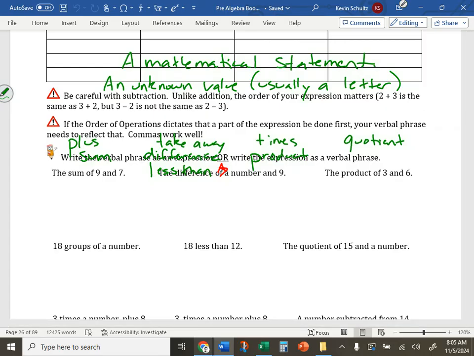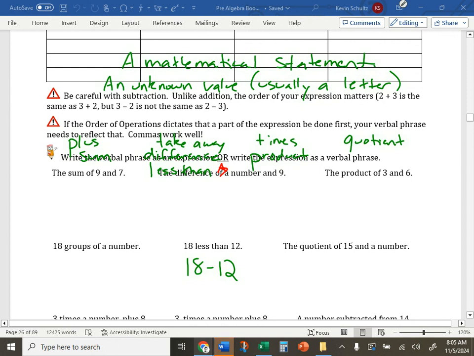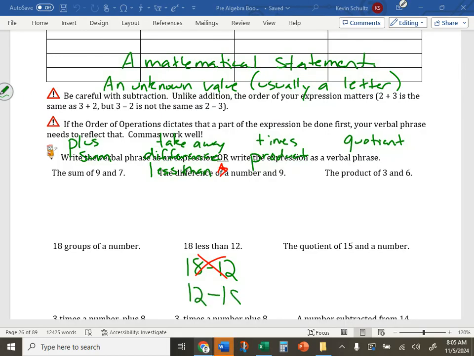This would not be written as 18 minus 12. That's not how you would write this. Because when you think about that phrase "less than," it's saying 18 less than 12. That means you're starting with 12 and taking 18 less than that.